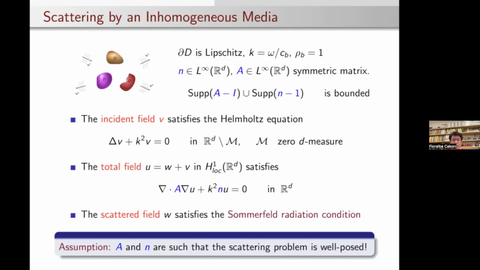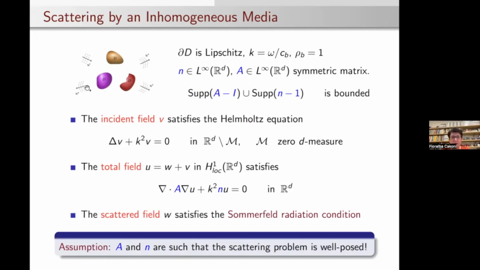Now I'm going to give the mathematical formulation of the slides I showed for the scattering phenomena. In general, we may have perturbations that are disconnected, so the support is disconnected. And in general, I'll assume that the boundary is Lipschitz. This is the default assumption.